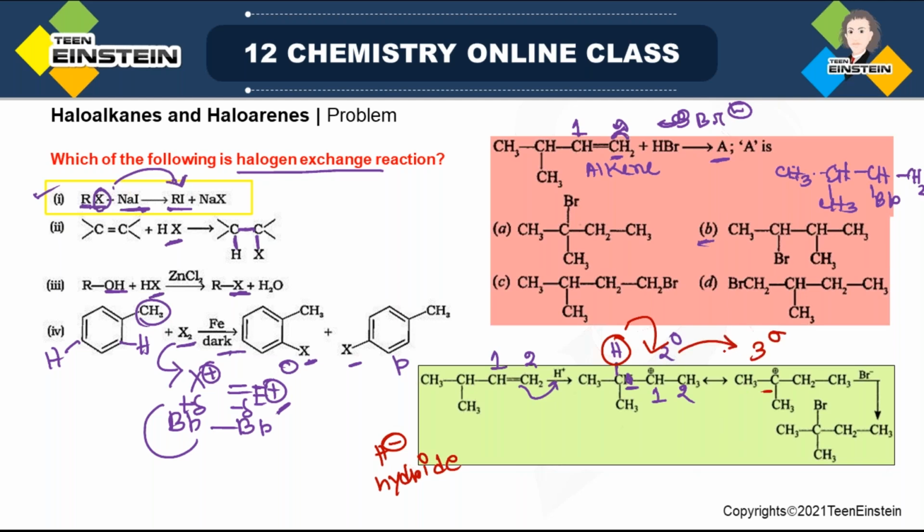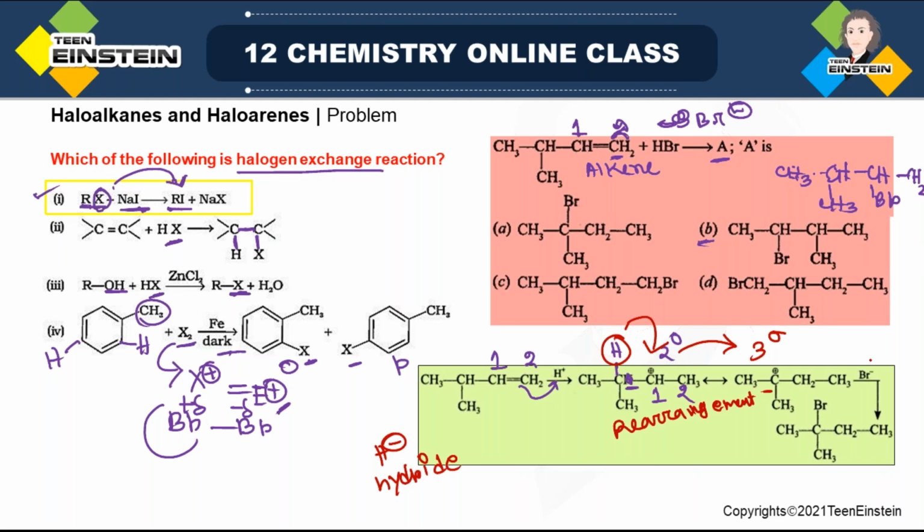So from 2 degree now you are getting 3 degree, that is the driving force for rearrangement. So this is rearrangement of carbocation, because the position of hydrogen is rearranged, and after that you are getting a more stable carbocation.